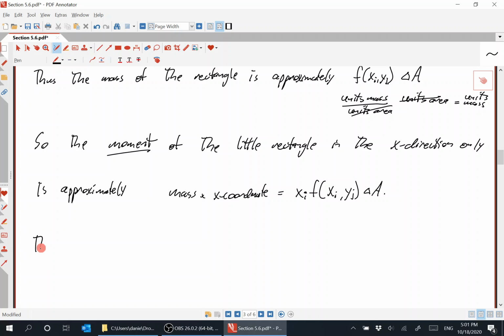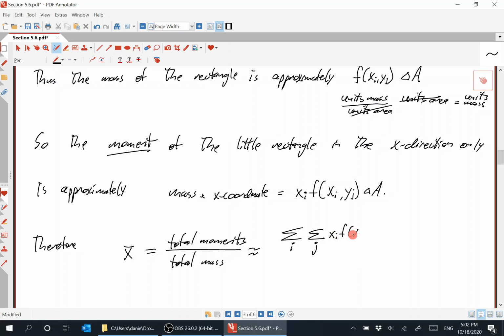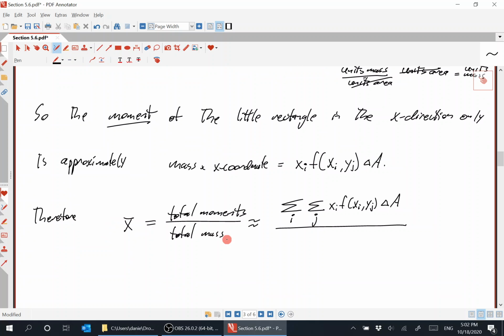All right, therefore, x bar is approximately total moments over total mass, which is approximately equal to the double sum over i and j of x_i f(x_i, y_j) delta A, over total mass.